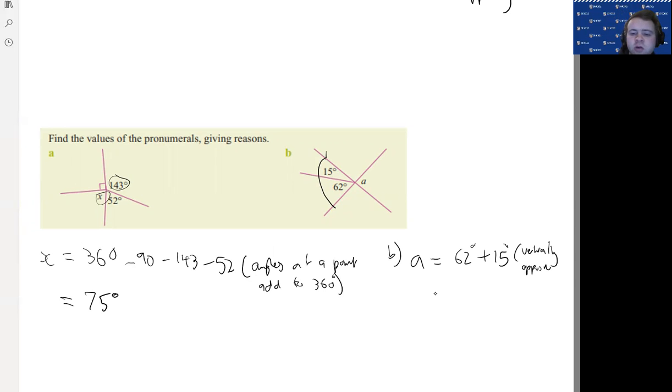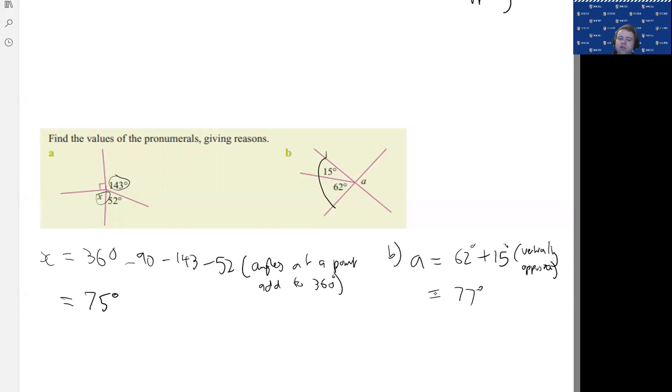We're using adjacent angles that, when added together, make the greater angle. So 62 plus 15 equals the angle vertically opposite A, and simplifying, we get 77 degrees for angle A.